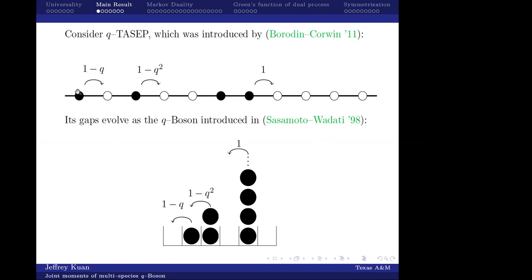So step initial conditions in ASEP correspond to just infinitely many particles here. I guess originally, for TASEP and ASEP, step initial conditions were considered just because it's easier to say things for step initial conditions than generic initial conditions.